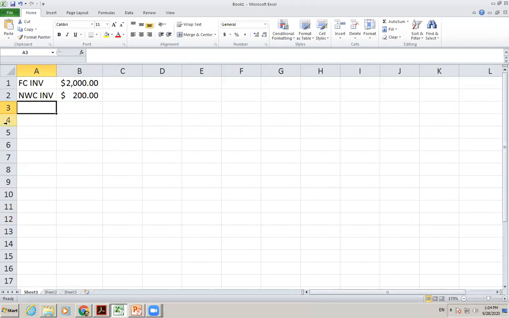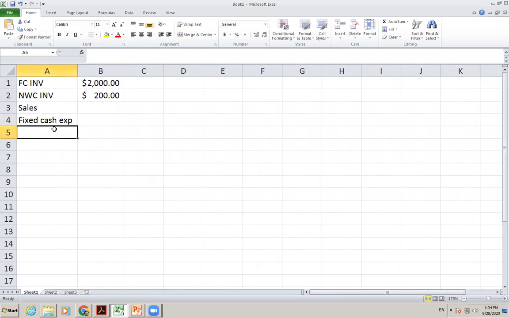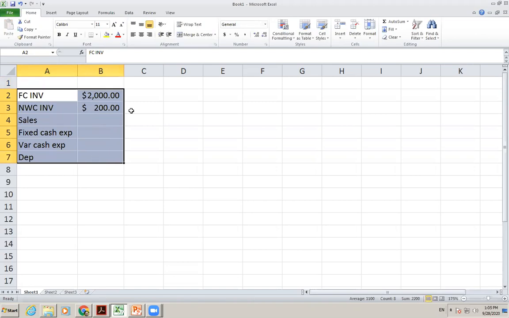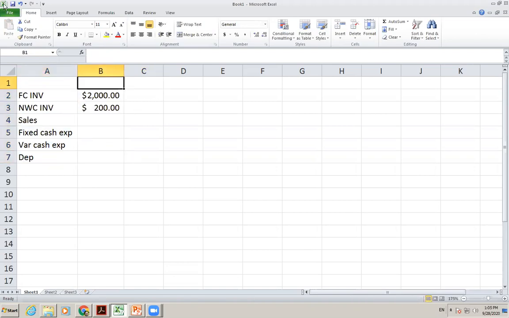And we have sales, fixed cash expenses, variable cash expenses, and depreciation. These things are given, but create one row for the number of years: 1, 2, 3, 4, 5, 6. So 6 years.